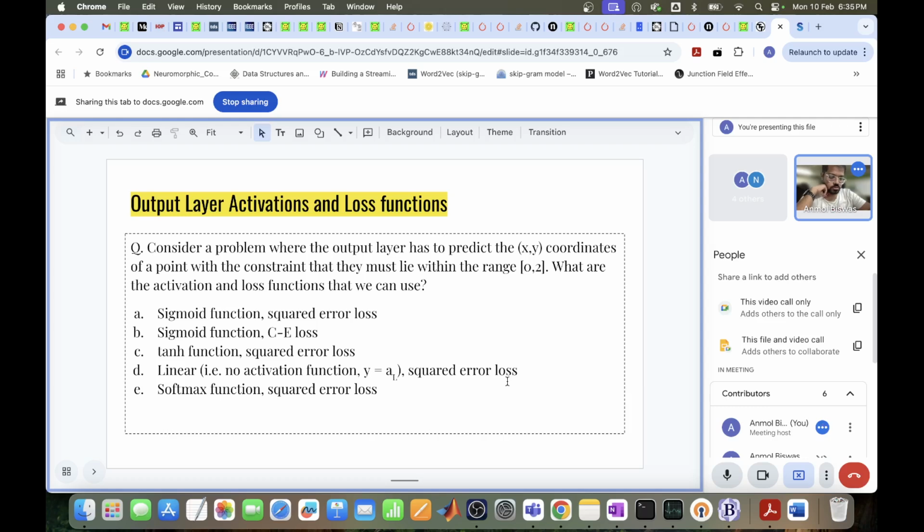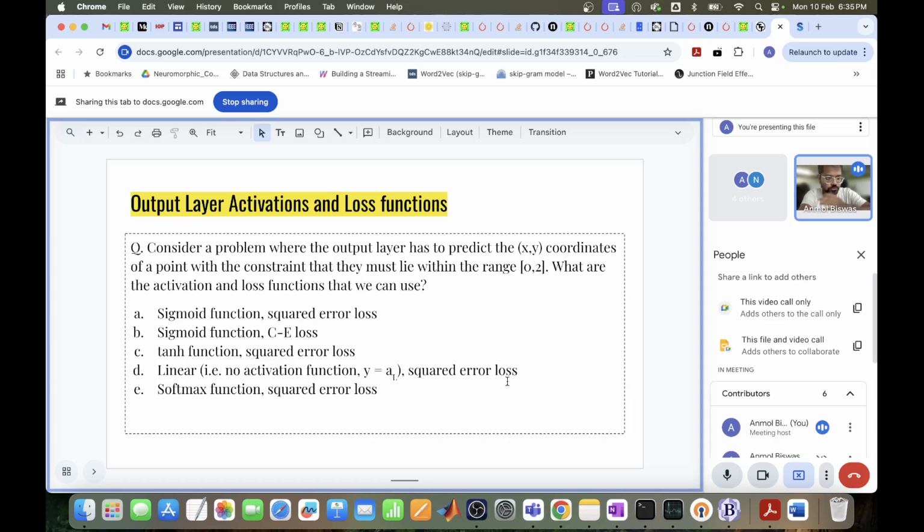And the value of these xy coordinates is kind of freely allowed to vary, but given within some constraints, right? Which means that for the loss, we are not going to use cross entropy anymore, right? Obviously.